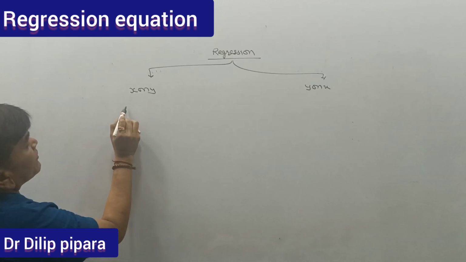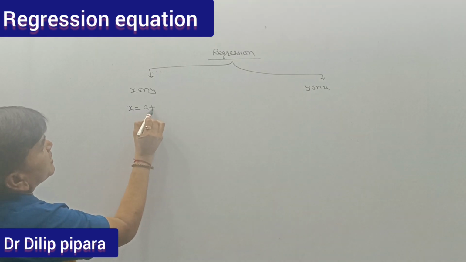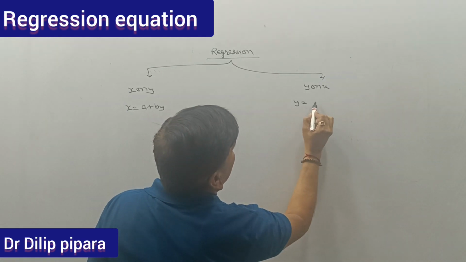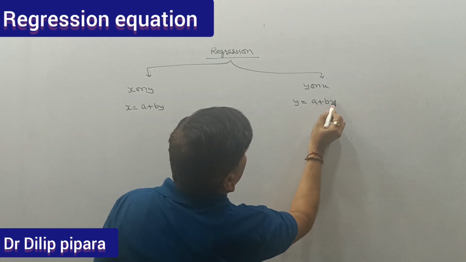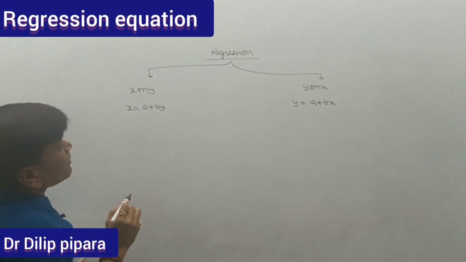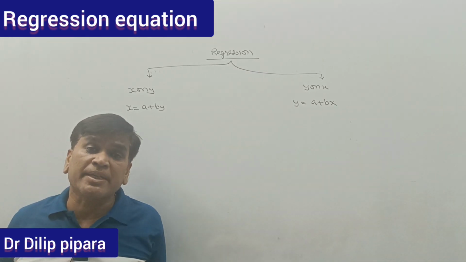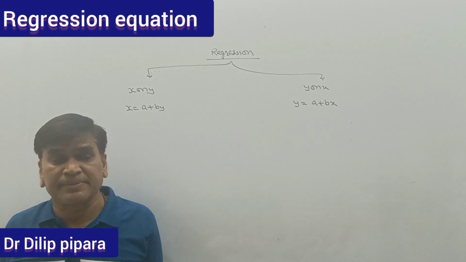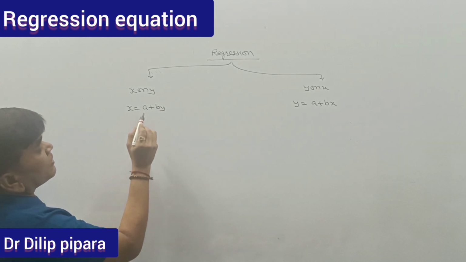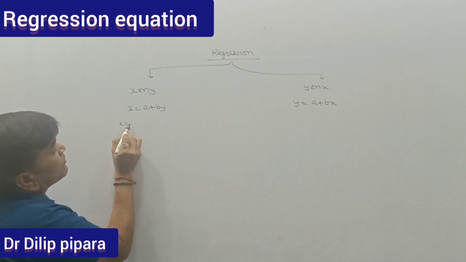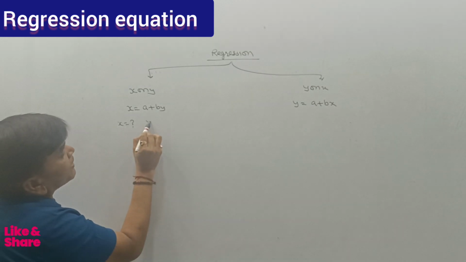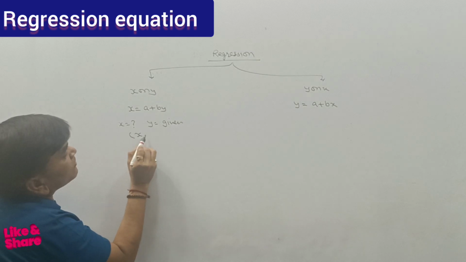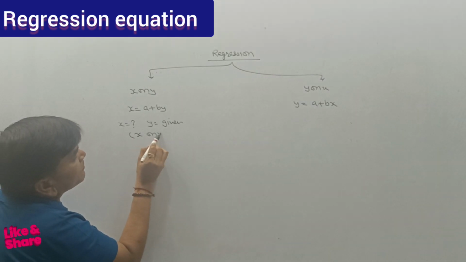The x on y equation is x is equal to a plus by, and y on x is y is equal to a plus bx. When we are to calculate x on y or y on x, the very first thing should be clear. Suppose x we are to calculate and y is given, then we have to calculate x on y.